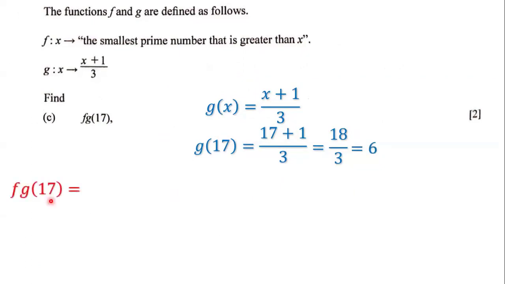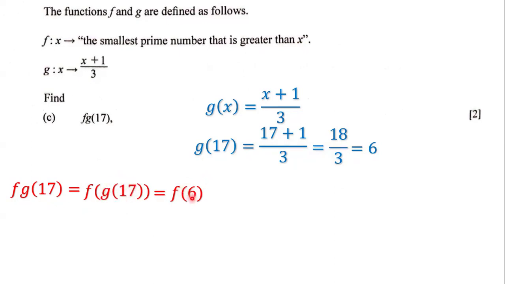And so f of g of 17: we know that g of 17 is 6, so we put that within the function f. That means that inside of the function f, we actually have 6.